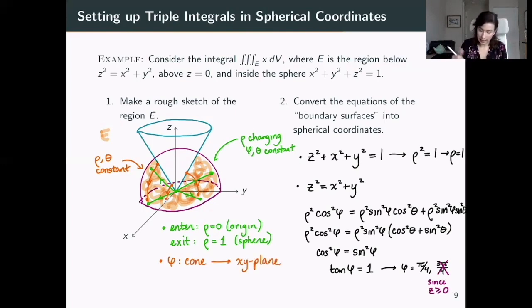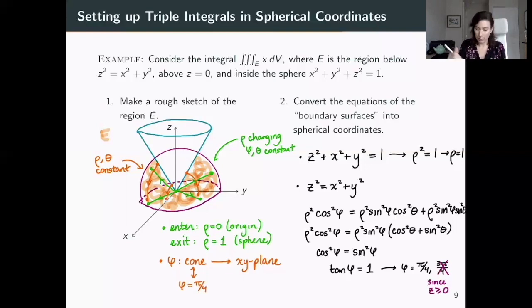According to what we know from converting into spherical coordinates, the cone is going to be phi equal to pi over 4.